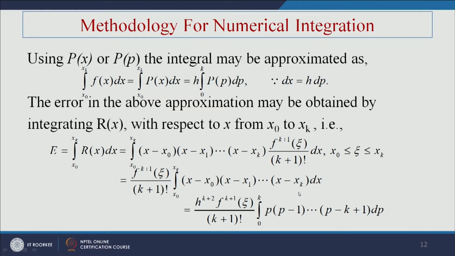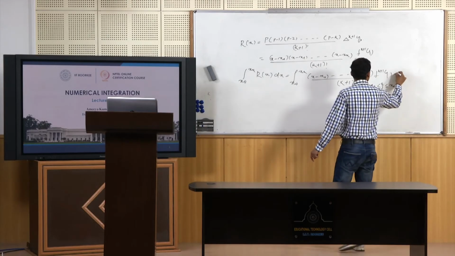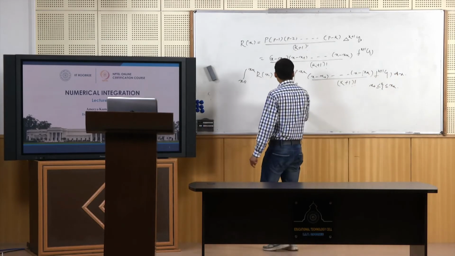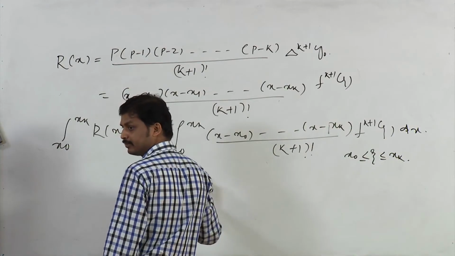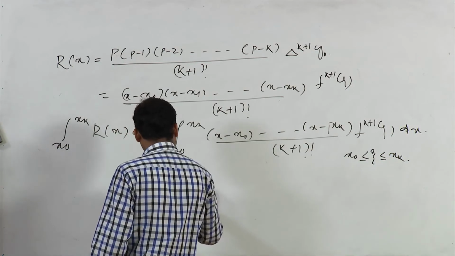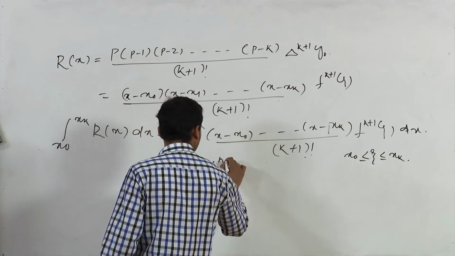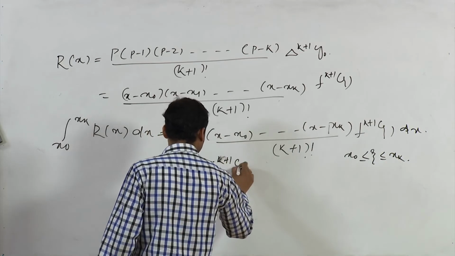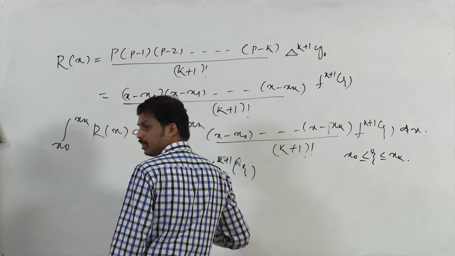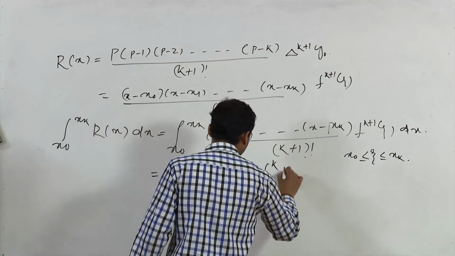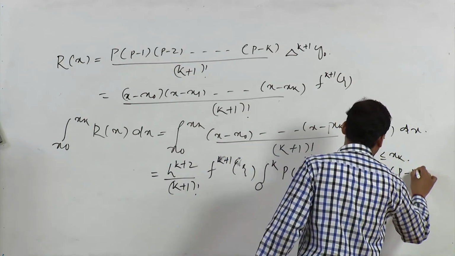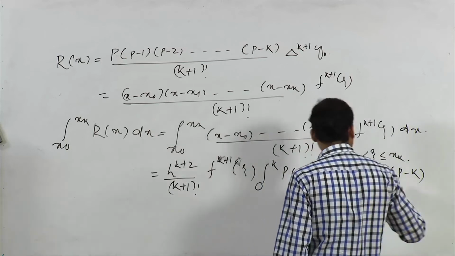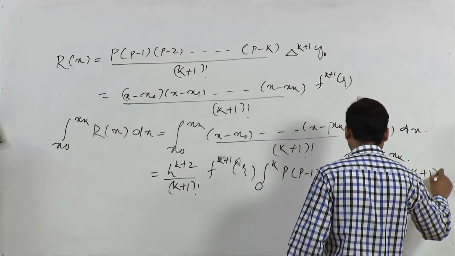So, we can write that the total term can be written as h to the power k plus 2 divided by k plus 1 factorial, f to the power k plus 1 zeta, integration from 0 to k of p into (p minus 1), (p minus 2) up to (p minus k) dp.